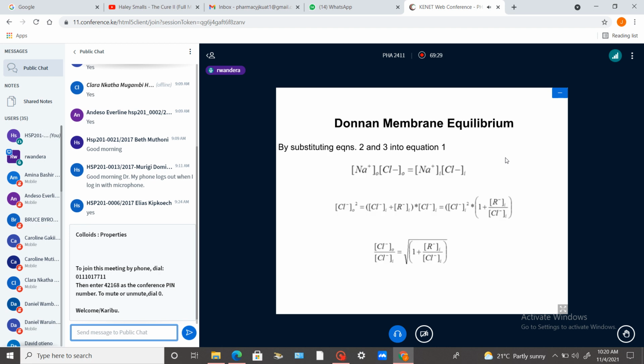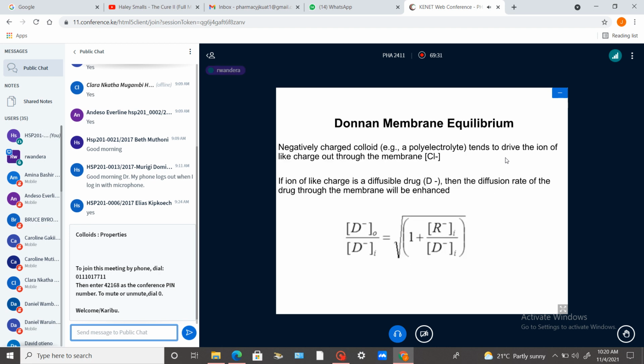So if this negatively charged chloride ion was a diffusible drug, remember drugs are also ions, then your negatively charged colloidal particle will tend to enhance the diffusion rate of your negatively charged drug across the membrane.